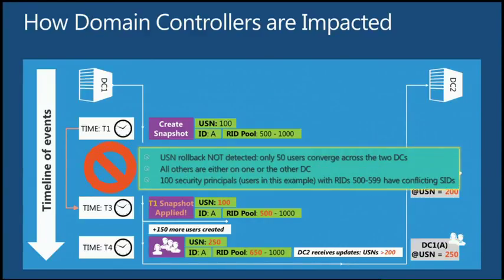Unfortunately, based on the algorithm, only the last 50 users will actually be replicated over to DC2 because it thinks that it's up to date with DC1, with ID A, for up to USN 200. So it will not know about any of the users that were created through the USN sequence of 100 to 200. Which is very bad because you're going to have some users on one DC and another set of users on another DC. So which implies the whole notion of having a consistent distributed system falls apart.